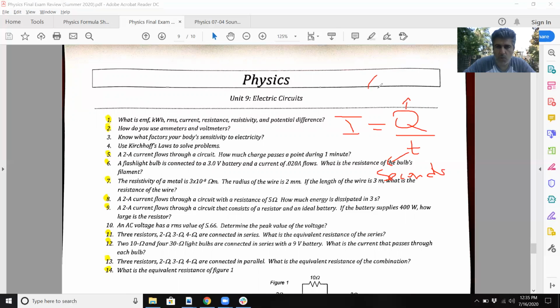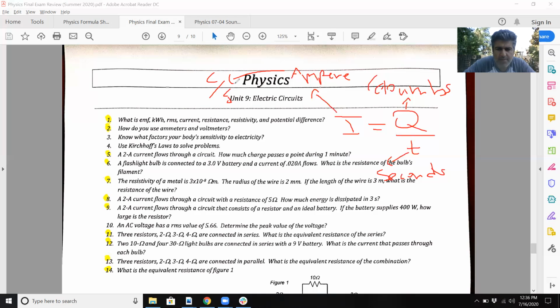The charge is given to you in coulombs, and I is always in amperes. Essentially, it's a coulomb per second.